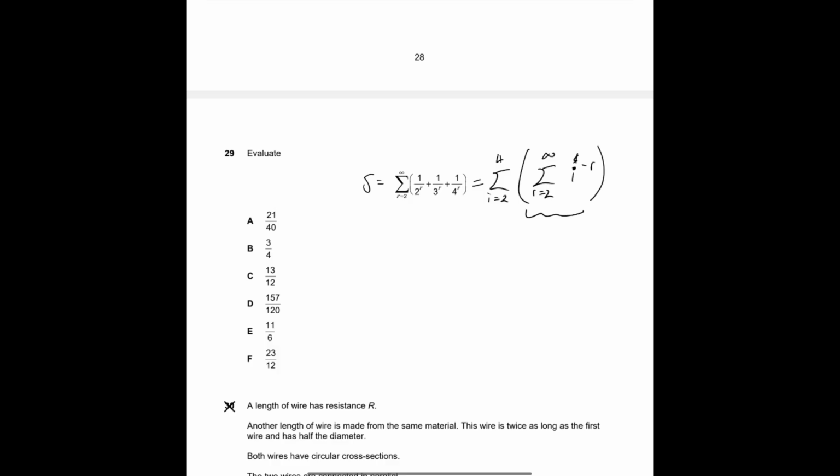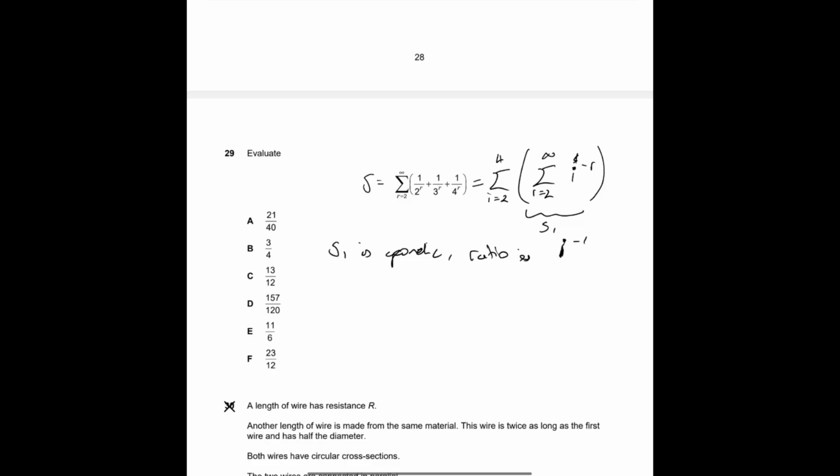So let's just think about this for a minute. Let's call that S1. So S1 is a geometric series because you multiply by the same thing, where the common ratio is i to the minus 1.